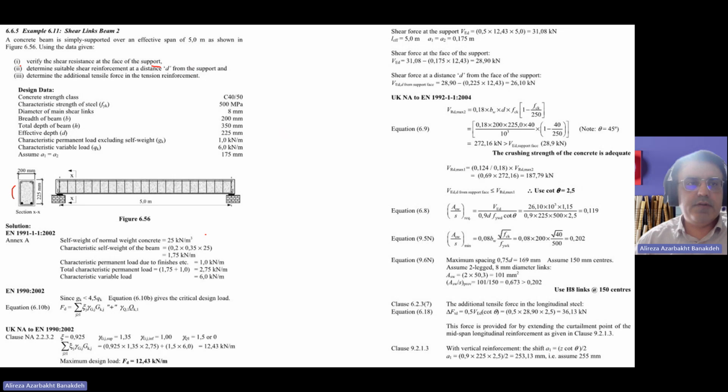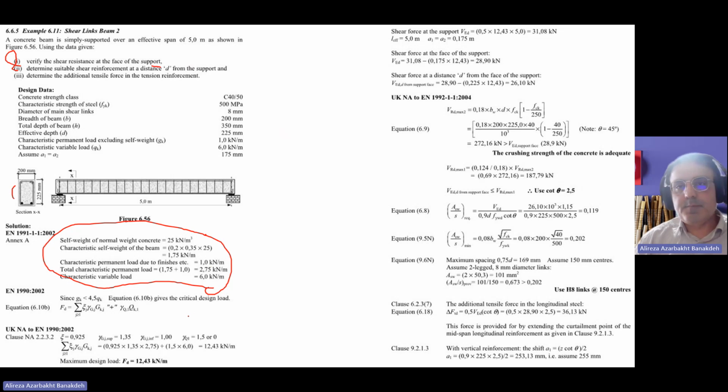So for the first part, it is just calculation of the external forces. This is the structure analysis. You need to be able to follow this. Otherwise, if you have problem, we can discuss this in the next section.